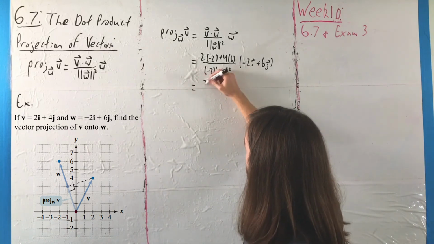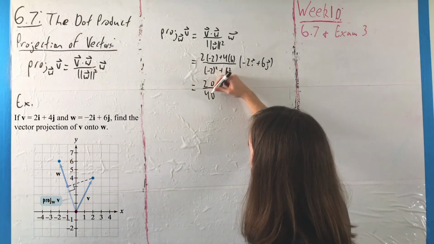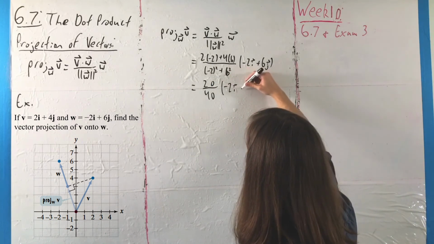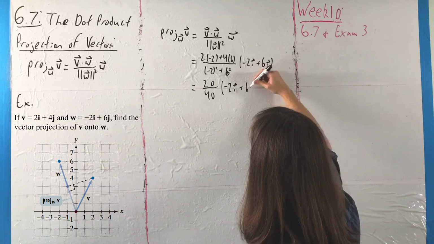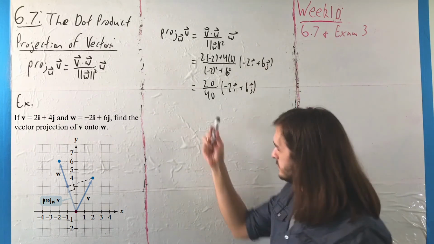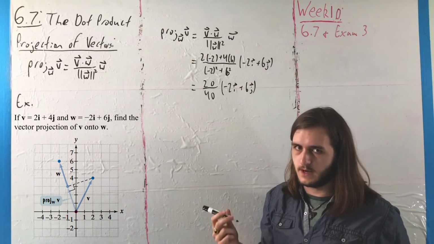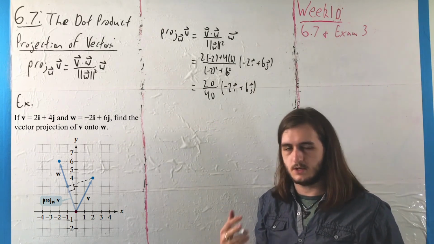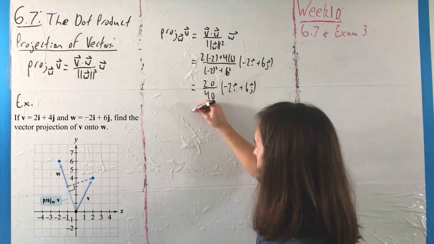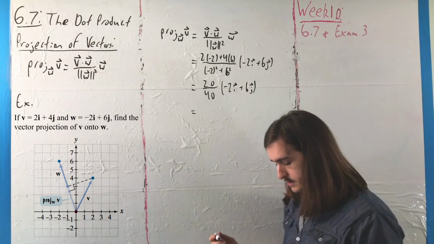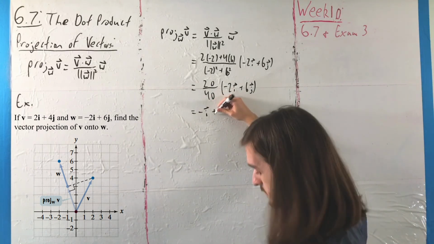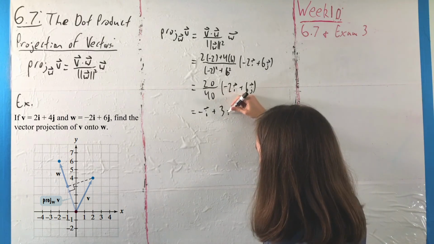So we get 20 over 40 multiplied by our vector, negative 2i plus 6j, where, like I said, this value is always going to end up being a scalar, a number that is. So we will end up with, in this case, negative i plus 3j.